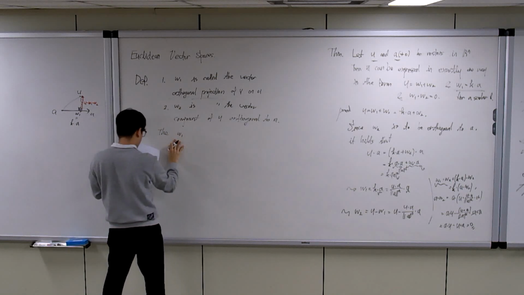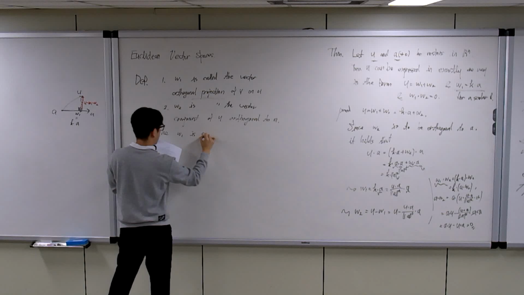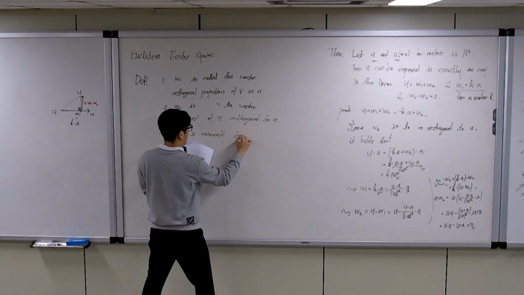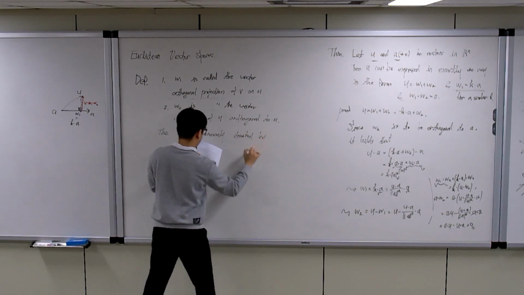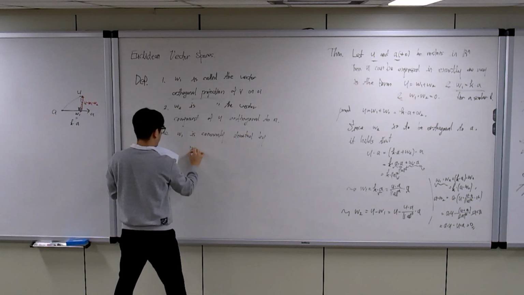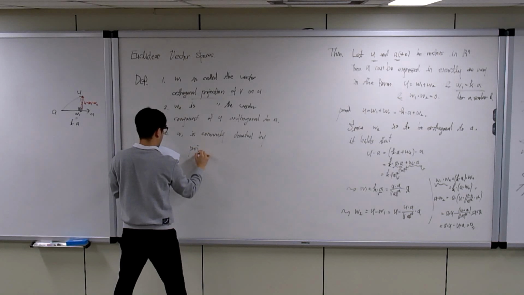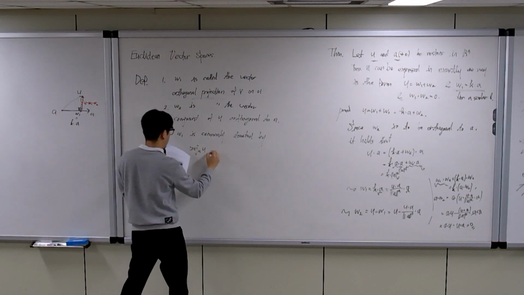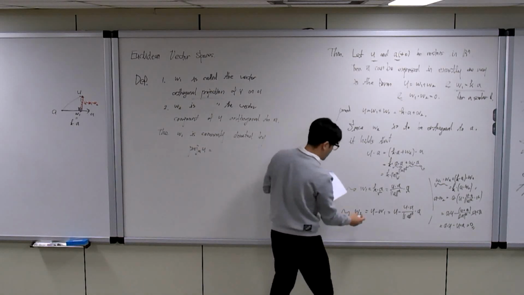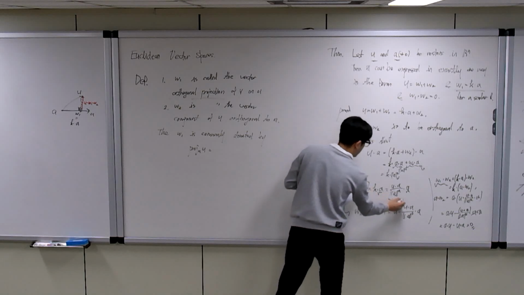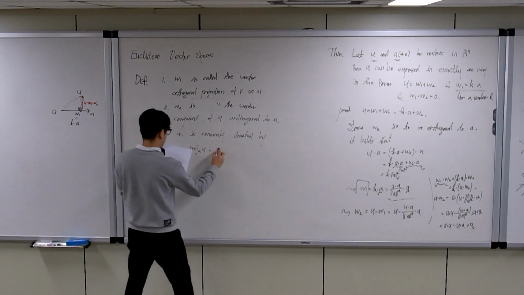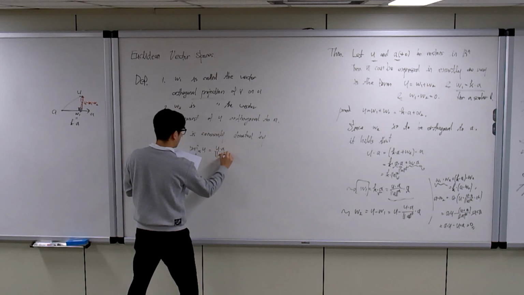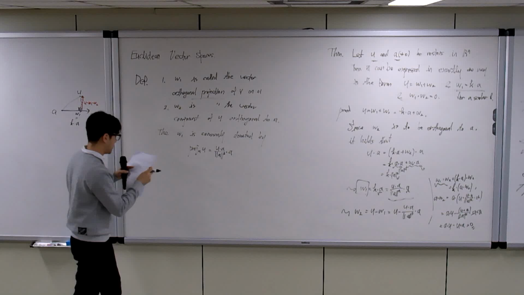The vector w1 is commonly denoted by proj of a of u, and we get the vector w1 in this form, defined as u dot a over the squared norm of a, times a.